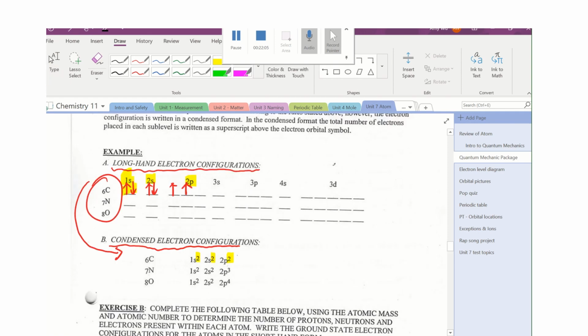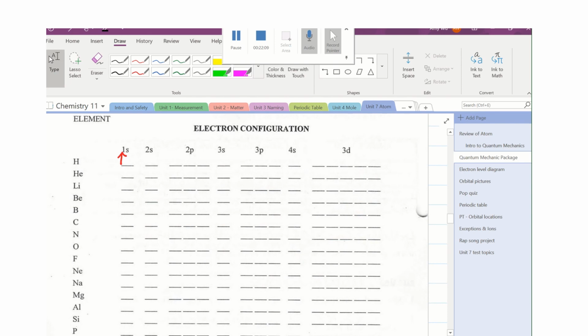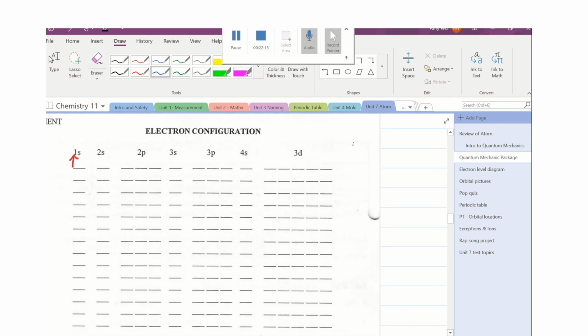So what I want you guys to do for homework, other than filling arrows on this page, is to add the condensed electron configuration on the side.